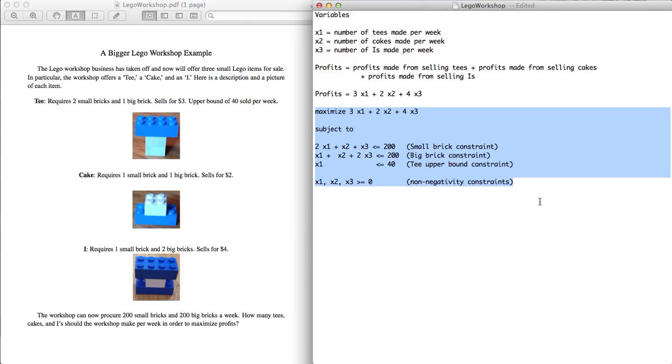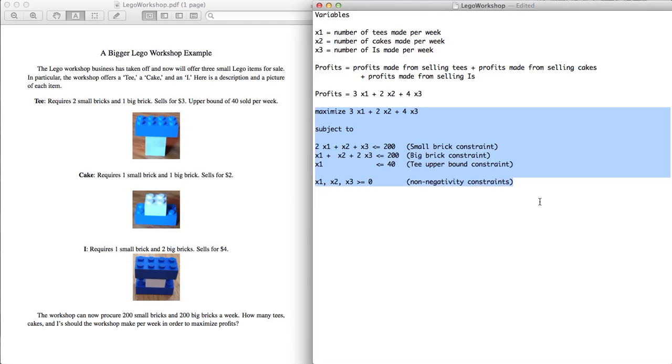And what we've done is we've essentially stripped away the actual application and can work completely within the mathematical world to determine what x1, x2, x3 are, which gives us the largest objective in terms of the decision variables. And then once we identify that, we can work our way backwards to go back to the real world based on our variable definitions to determine the number of t's, cakes, and i's made.